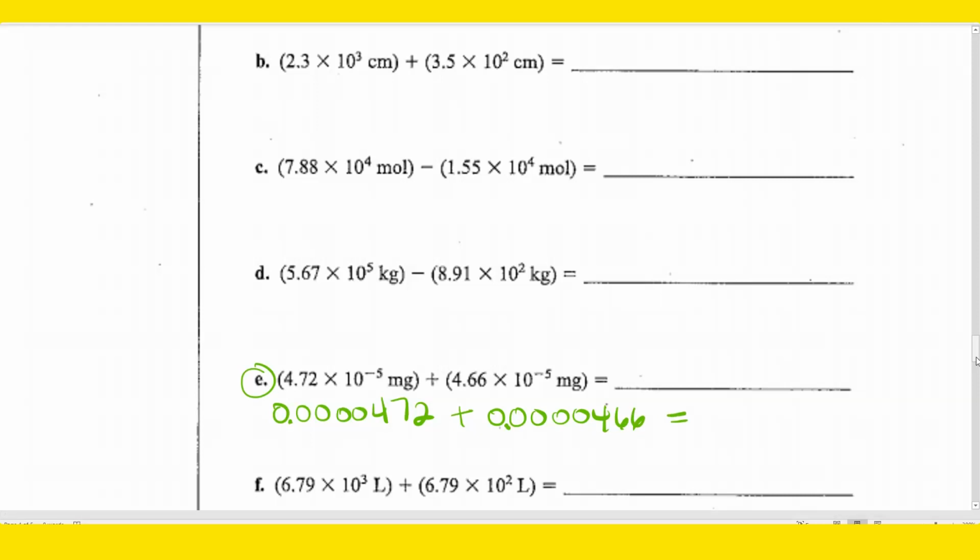And go ahead and add those numbers together. Again, for those of you that do have calculators, this is simple to do. But if you don't have a calculator or you're just practicing, you can do it this way as well. So I'm going to add those up.